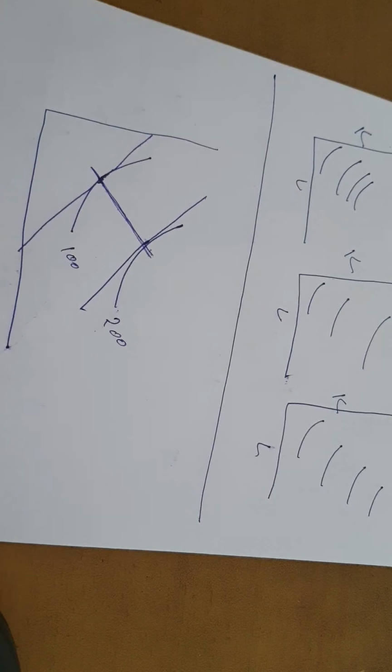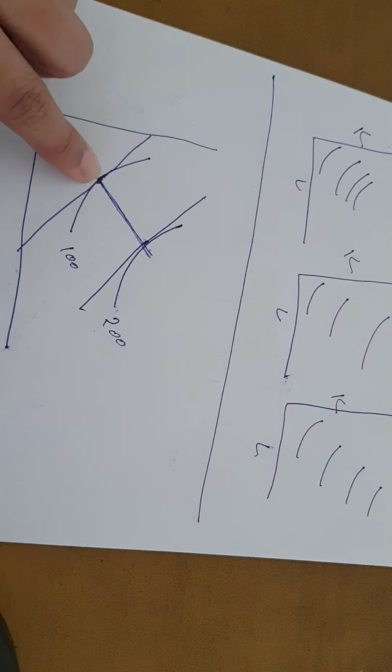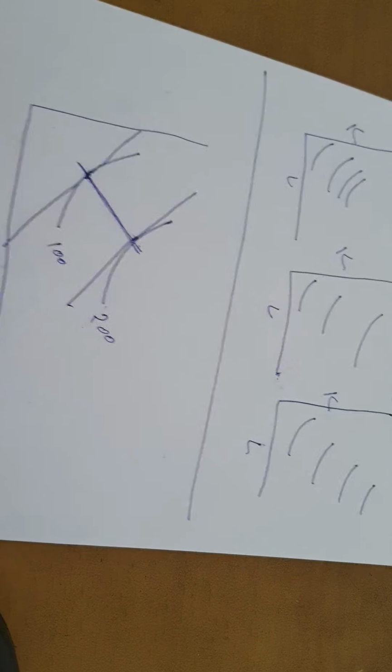What is the meaning of the expansion path? If in your production unit you are increasing your production, then every time to increase your production, what combination of labor and capital you are using, those combinations are joined by this line.